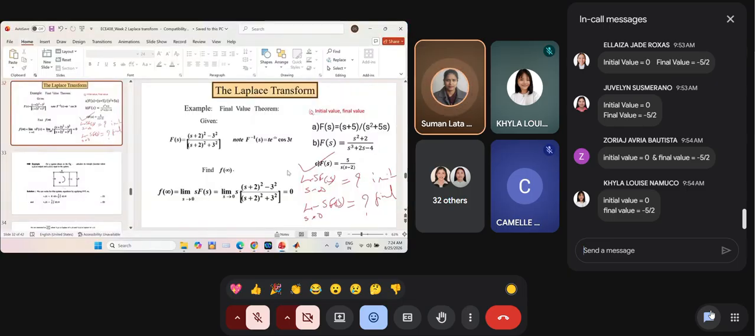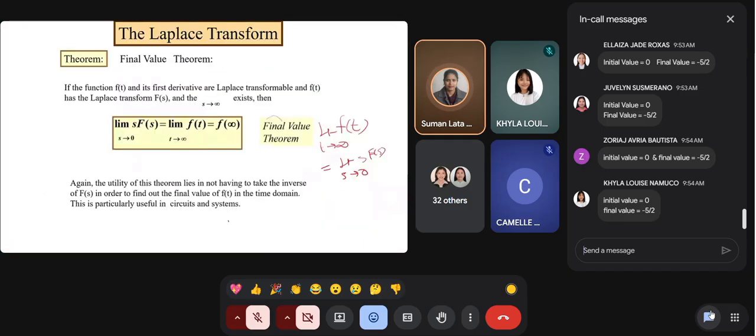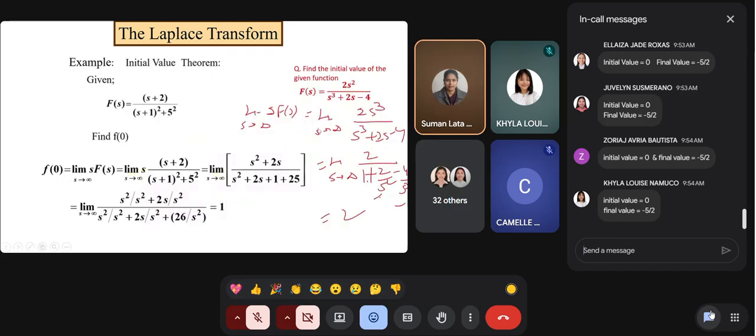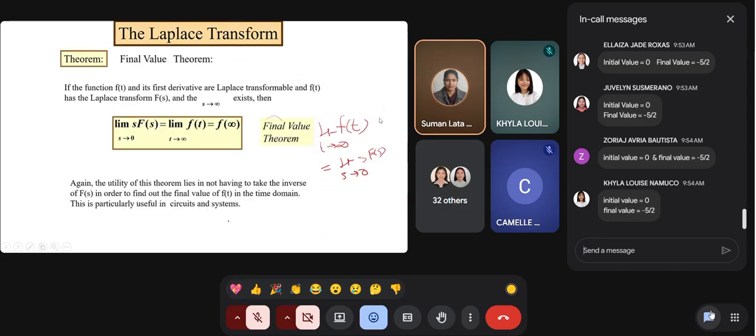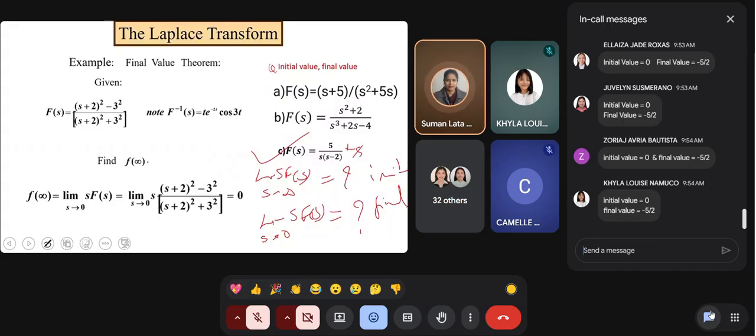If you multiply it by s, the s will be cancelled out from here. You can see fs is having s. If you put s infinite over here, 5 by infinite minus 2 is nothing but infinite, and 5 by infinite is nothing but 0.